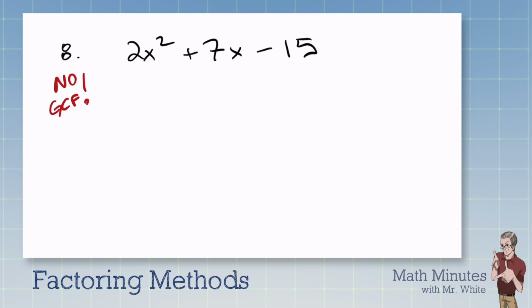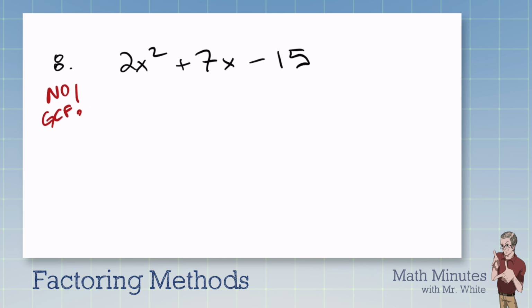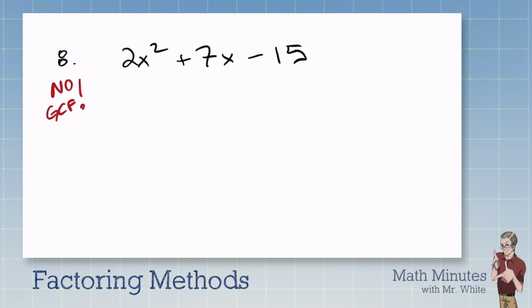It's really cool. I remember when a fellow teacher showed me this, and I thought, wow, I gotta start teaching this. What you do is you take the number in the front and the number at the end. That's the A and the C, and we multiply them. So 2 times negative 15 equals negative 30. And we write it off to the side.